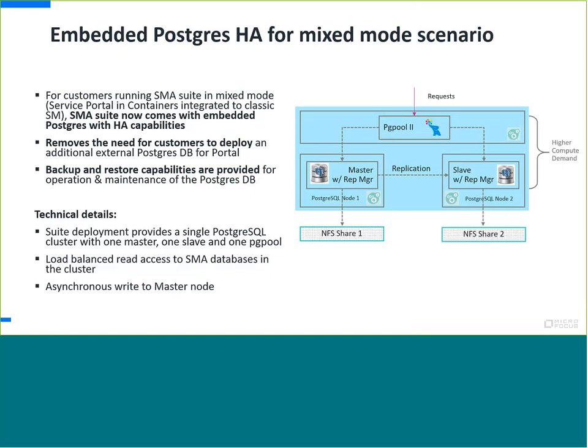Okay, so we know that some of our customers in the previous releases had to run an external Postgres database, for let's say some of the scenarios like running the portal, and now in this release we are in the process of releasing embedded Postgres HA for some of the mixed modes.